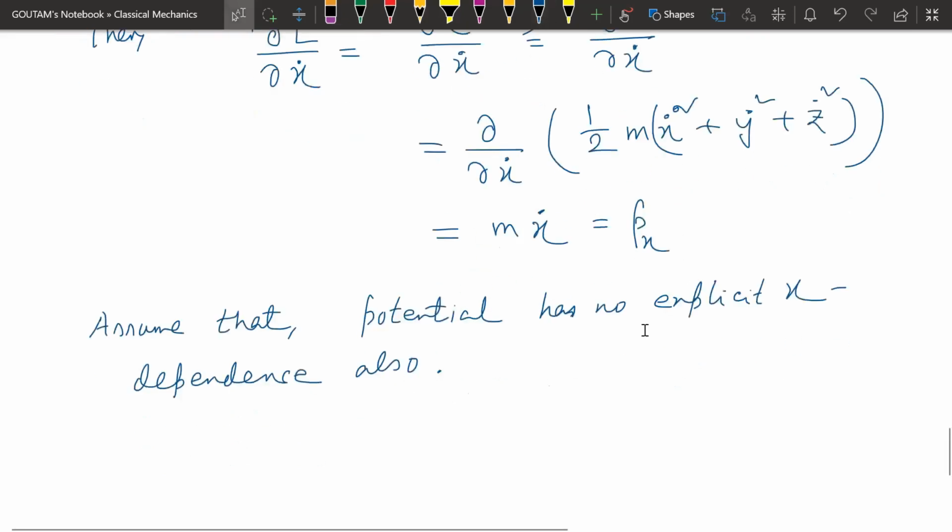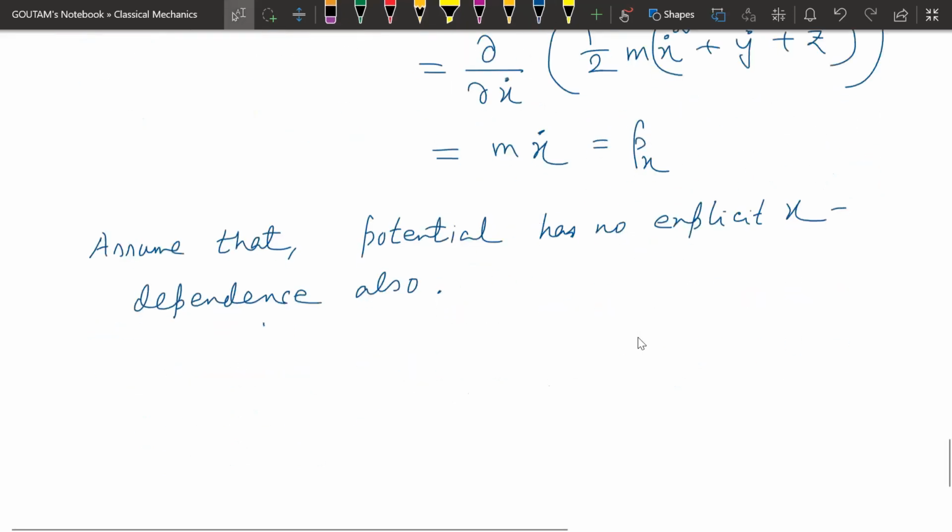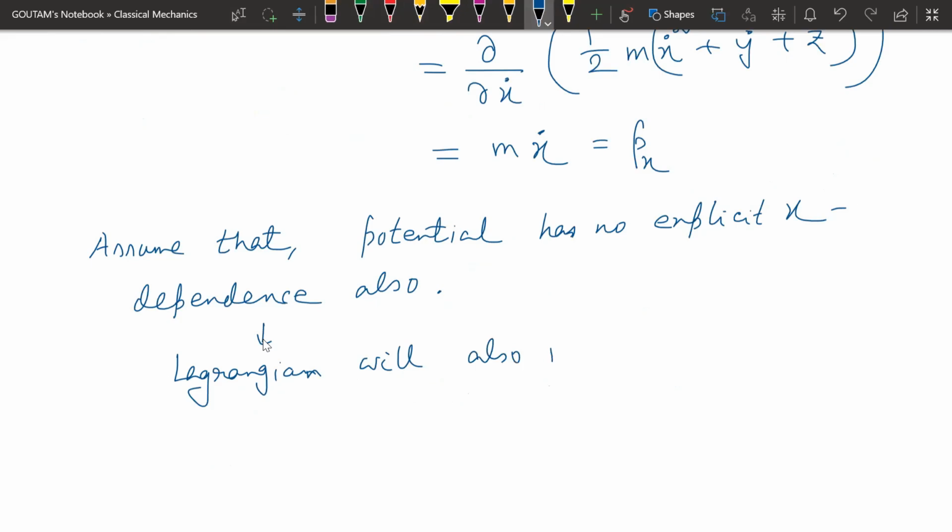So in that case, the Lagrangian will also not have any explicit x dependence.